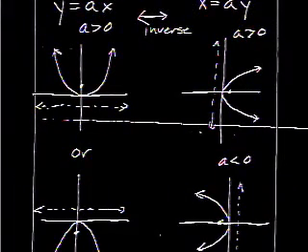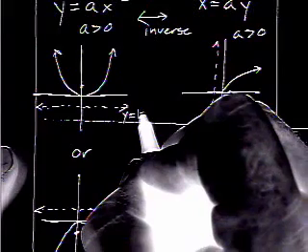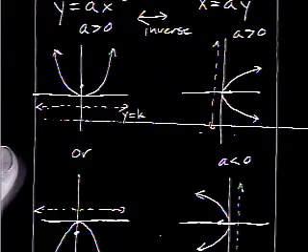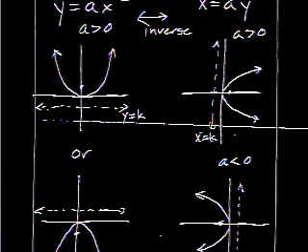So every one of these has a focus inside and a directrix outside. Now, this would be a horizontal line, y equals a number, and these would be a vertical line, x equals a number.